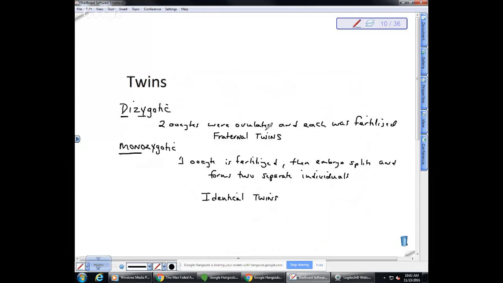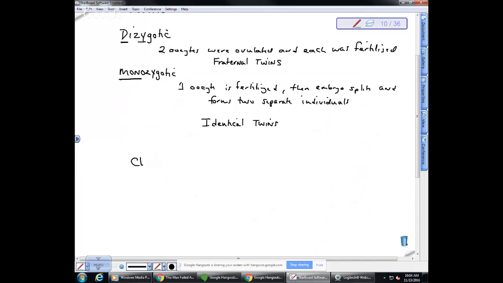Now, there is also the possibility, when we talk about the dizygotic twin, that embryos could fuse. And this is what is referred to as a chimera. So a chimera is where more than one embryo is produced.